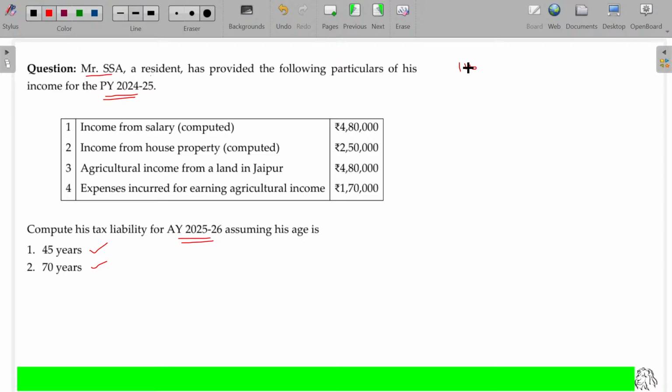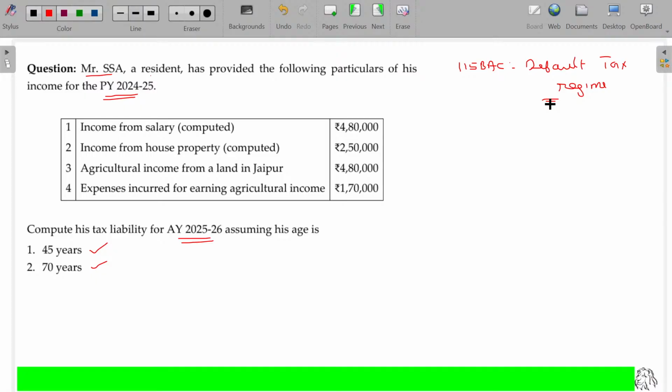If you go for 115BAC, the default tax regime, tax will be common irrespective of the age. In case of shifting out of the default tax regime, if the age is anywhere between 60 to 80, then 0 to 3 lakhs no tax, 3 to 5 lakhs 5% will be there. In case of a super senior citizen, beyond 80, up to 5 lakhs nothing is taxable.